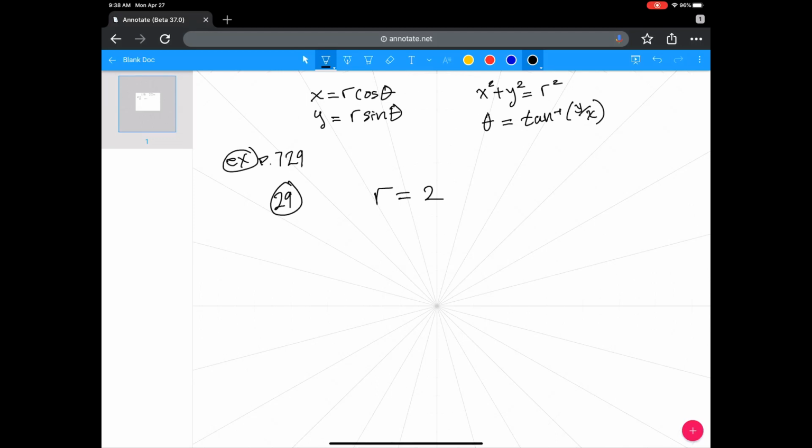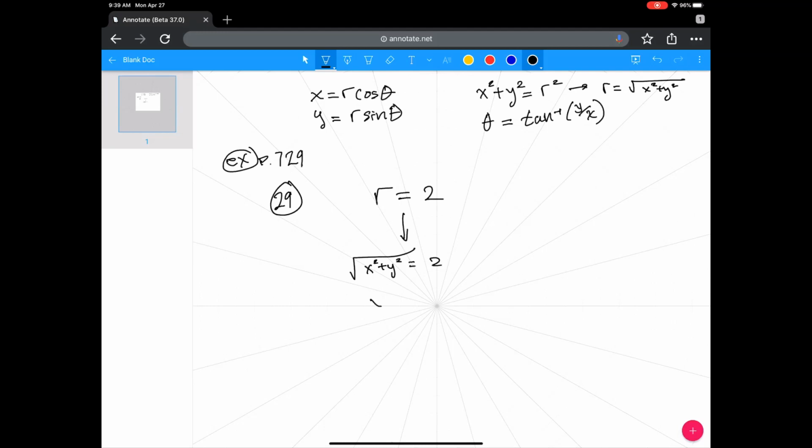If we have r equals 2, maybe we could just do this by understanding what it means to fix the radial length at 2, that we would just get a circle. But you can also look at this as a simple starting example of how to convert. From above, I can solve for r, and I get r equals the square root of x squared plus y squared. If I swap r out with what it's equal to in x and y, this gives me that the square root of x squared plus y squared equals 2.